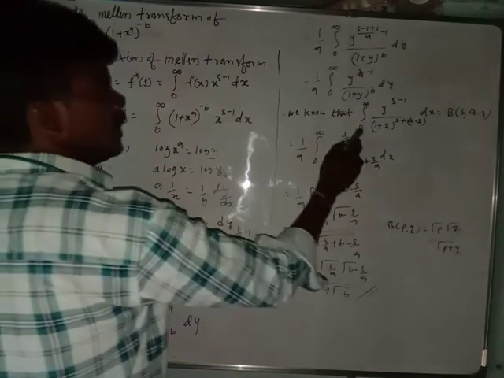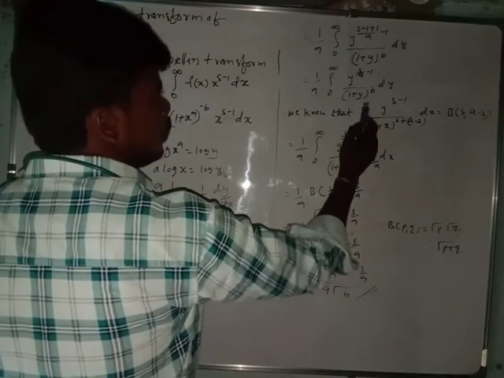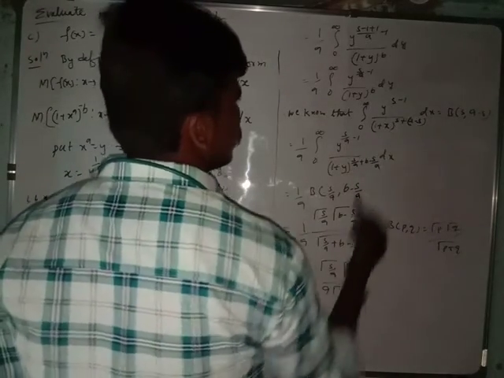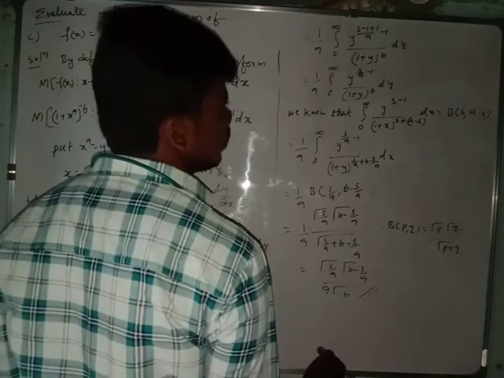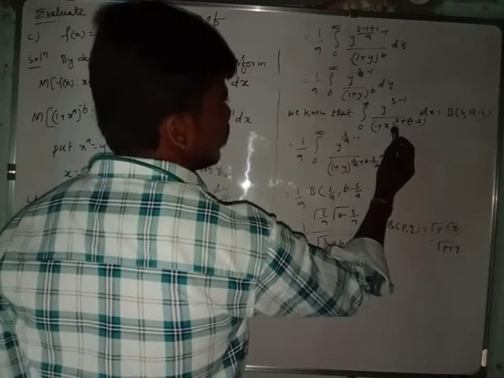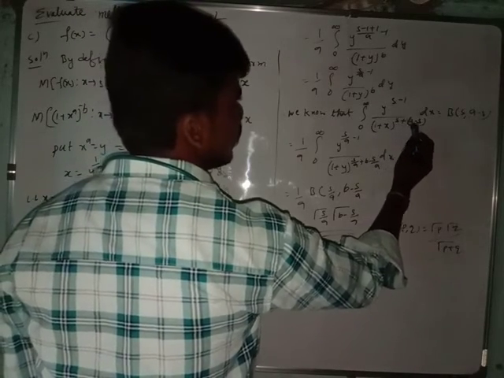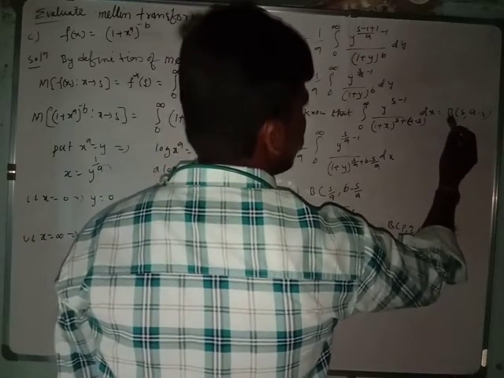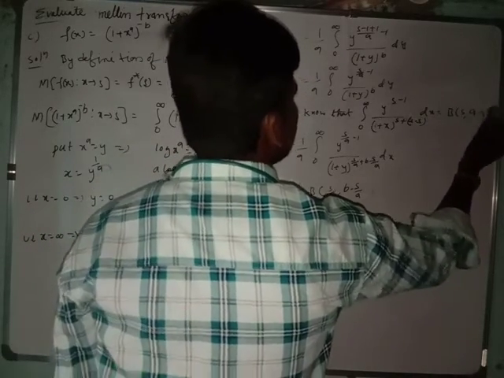We know that the integral from 0 to infinity of y^(s minus 1) by (1 plus y)^(s plus a minus s) dy equals beta of s comma a minus s.